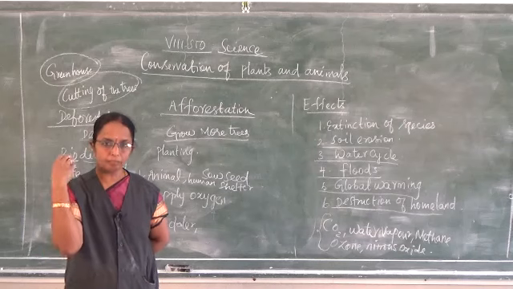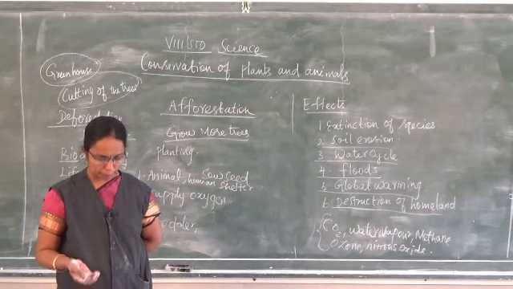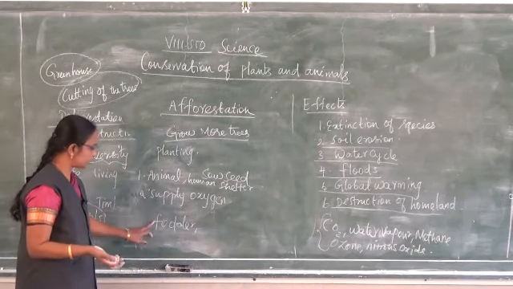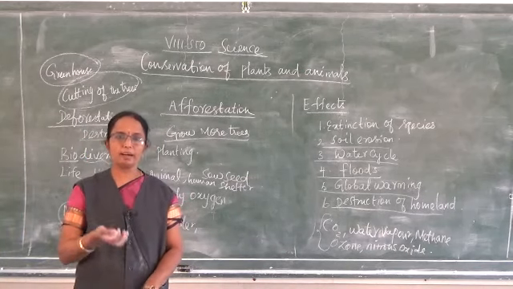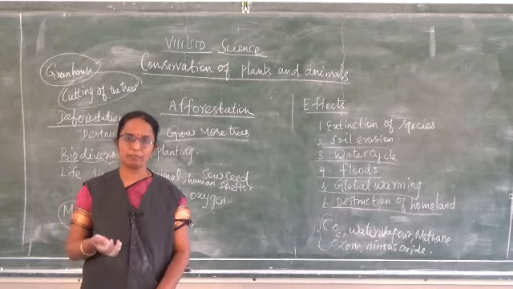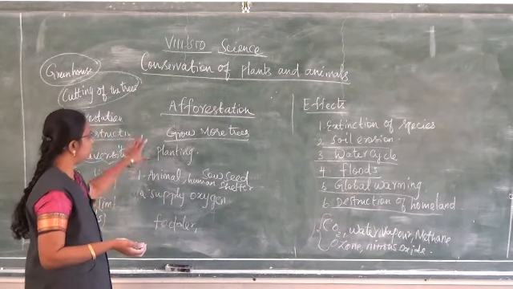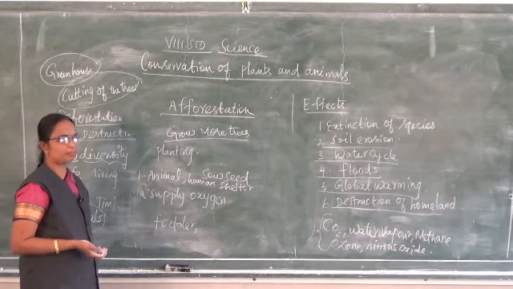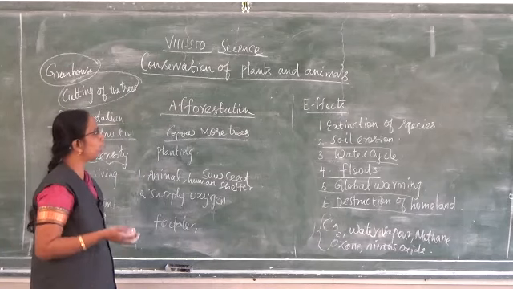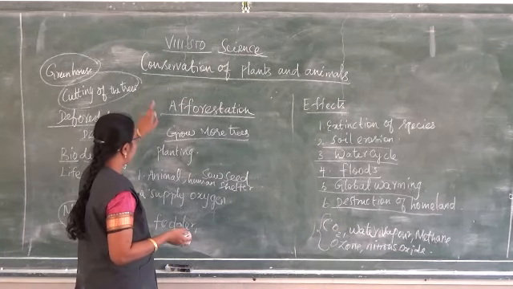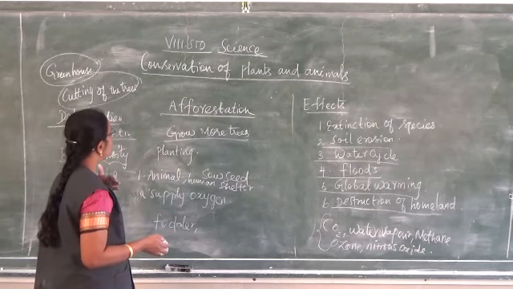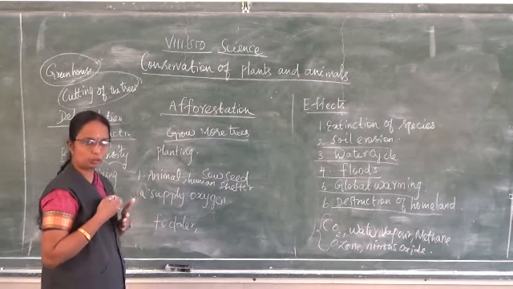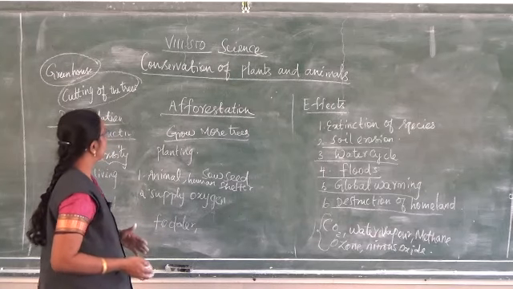And if we create a forest, what will happen? Everything we can get, fodder, fruit, everything from the forest. Some industries need special types of trees, which is done with the help of afforestation. So we have to afforest more, grow more trees, and we must not cut down the trees.